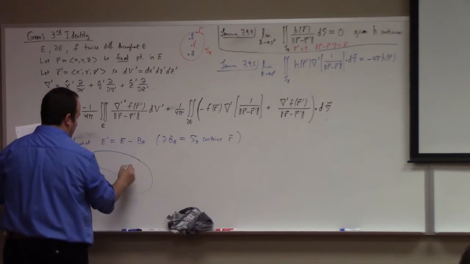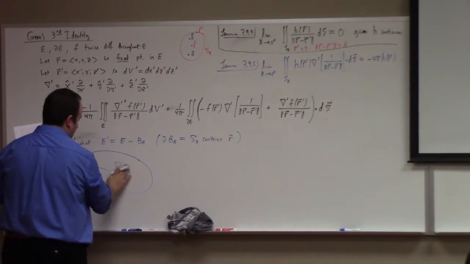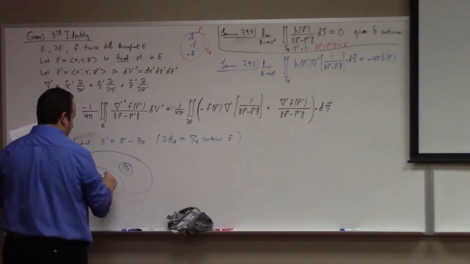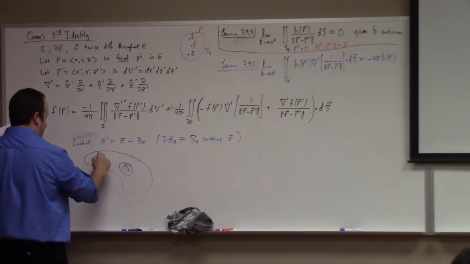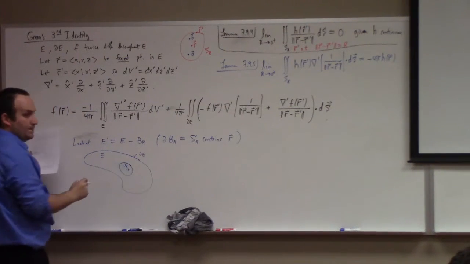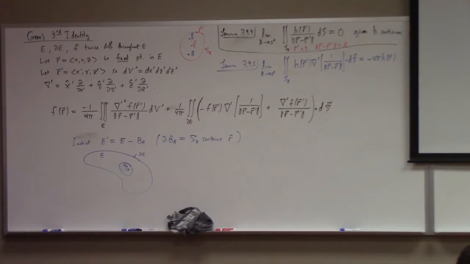Here's the point r, the little ball of radius r there, and here's E, here's the boundary of E. And so we can apply Green's second identity to this region with a hole.